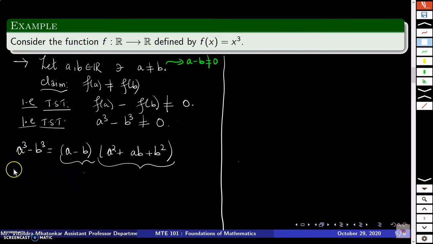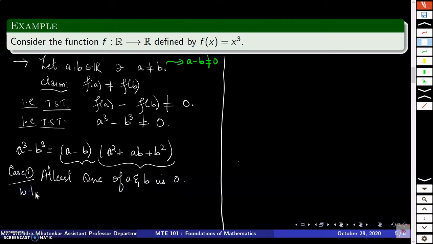Now a and b are two numbers, so we will handle this case by case. Let's look at case 1. Supposing at least one of a and b is 0. At least one is 0, meaning let's assume that one of them is 0.